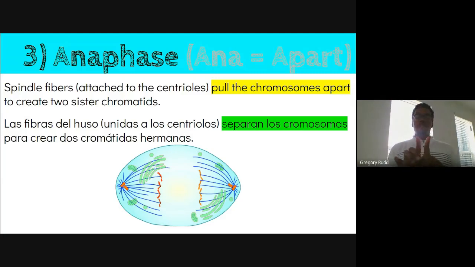So what used to be two sides of an X get pulled apart, and now you just have sister chromatids that are floating away from each other.